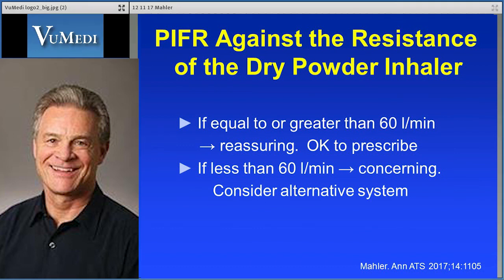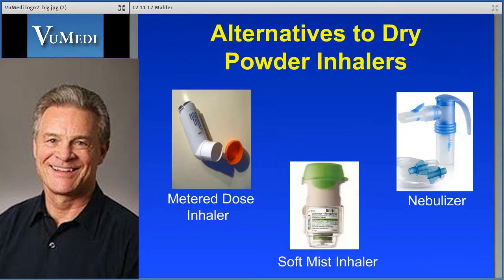If the peak inspiratory flow rate is equal to or greater than 60 liters a minute, it's reassuring and okay to prescribe the particular dry powder inhaler. If it's less than 60 liters a minute, it is concerning, and the healthcare professional should consider an alternative system. These are shown here: metered dose inhaler, soft mist inhaler, and nebulizer.